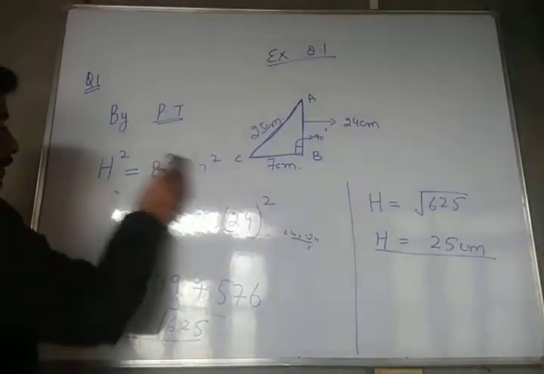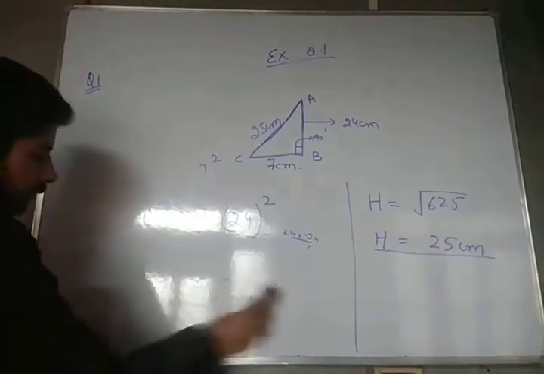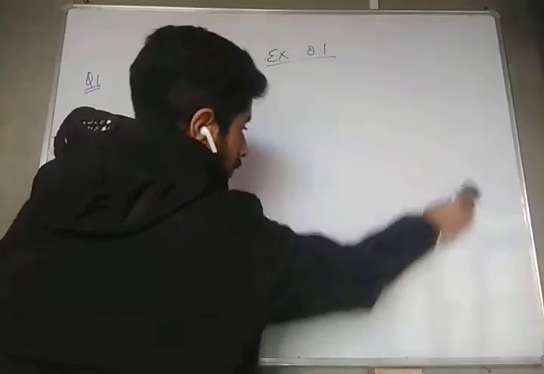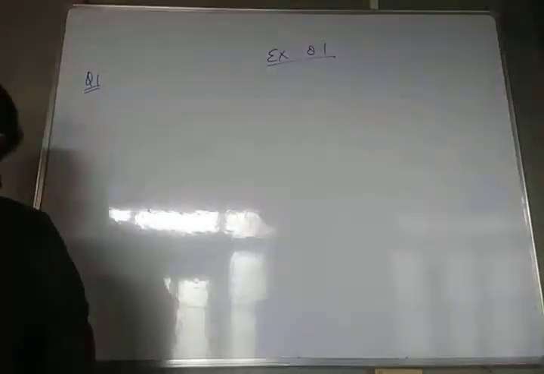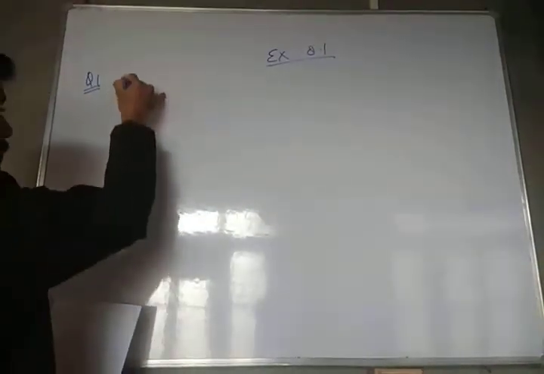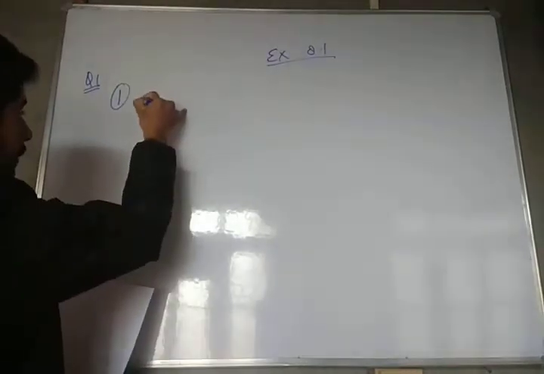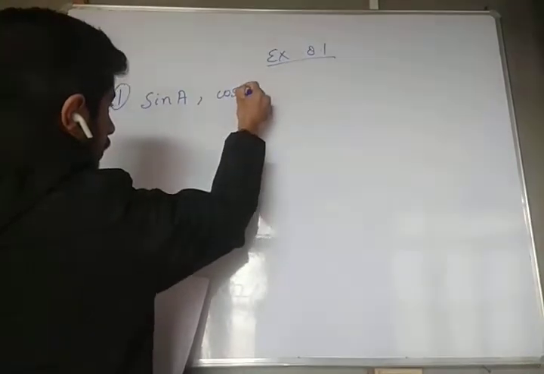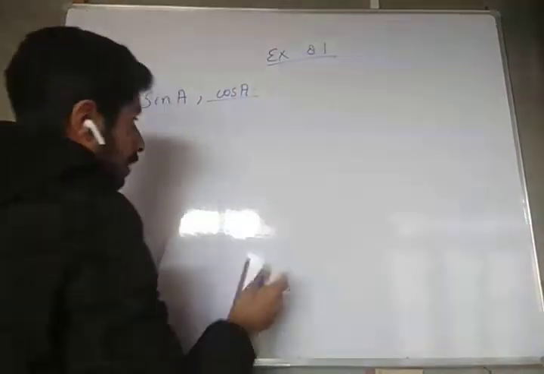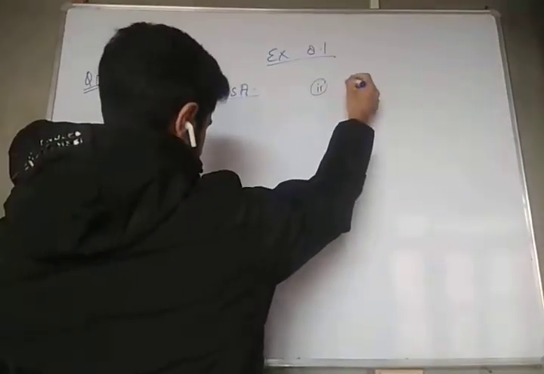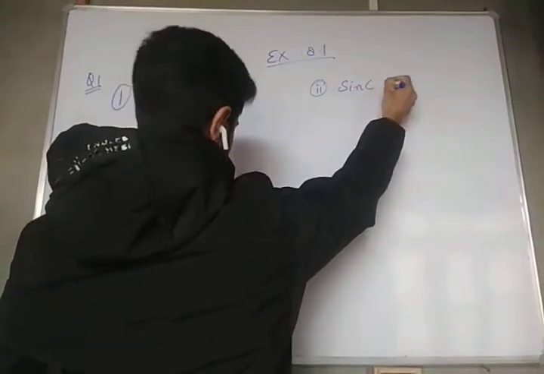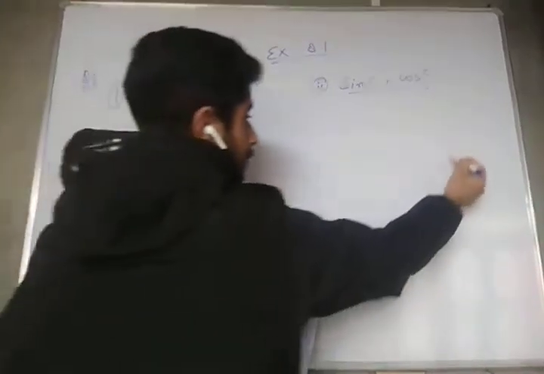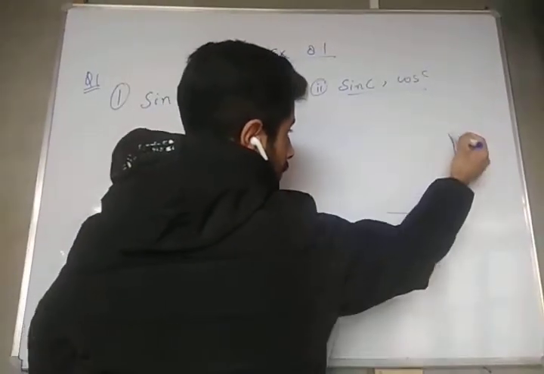Now, this is the first part of our question, that is we have to evaluate sine A and cos A, and in the second part we have to evaluate sine of C and cos of C. Now let's draw a right angle triangle over here.